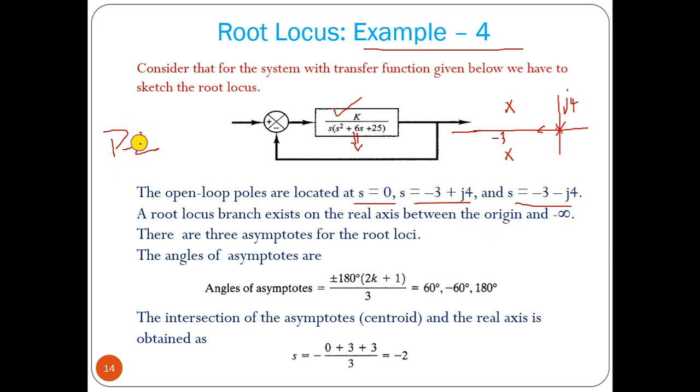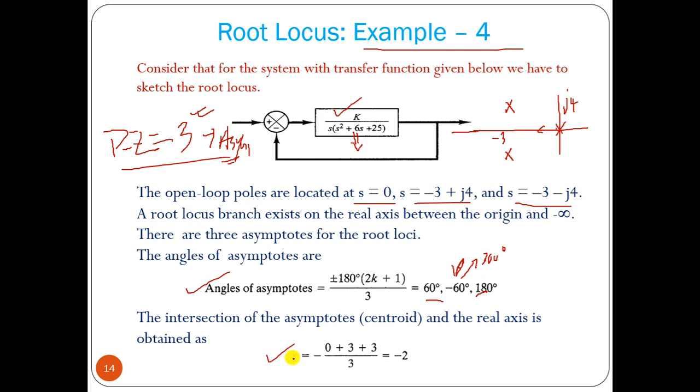P minus Z. That is 3 minus 0, we have 3 poles, so we must have 3 asymptotes. So we have to find out the centroid location. The angles of the asymptotes we already found: if the number of asymptotes is 3, the angles should be 60, 180, and minus 60 means 300 degrees.